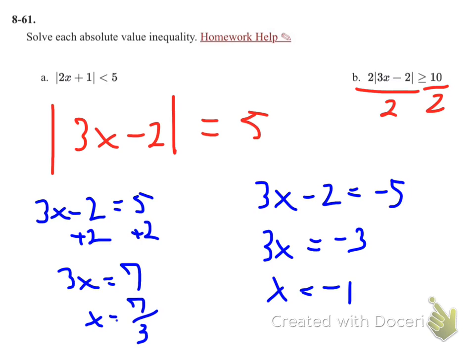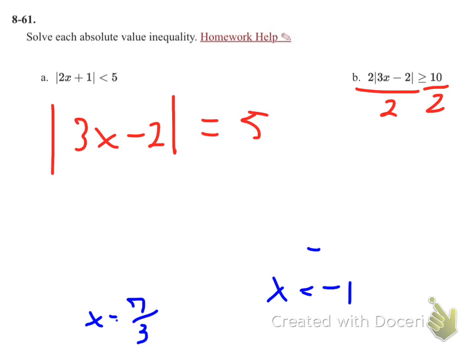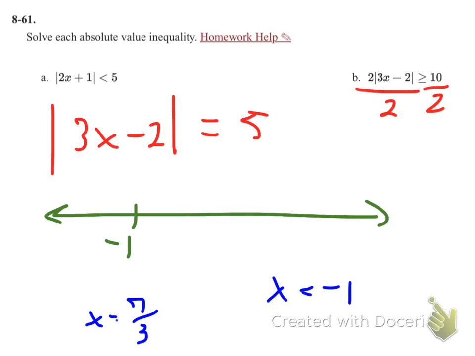So those are my boundary points. So now if I take a look at my line here, negative 1 and 7/3. I have an or equal to symbol, so it's going to be a closed circle on each of those.